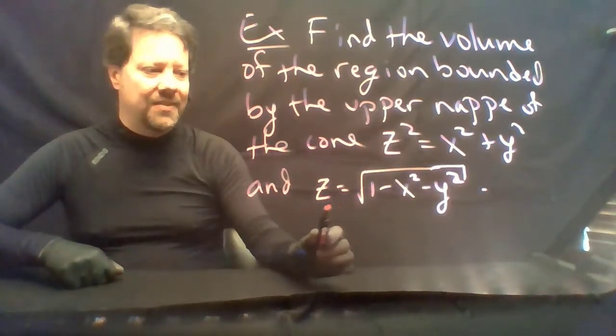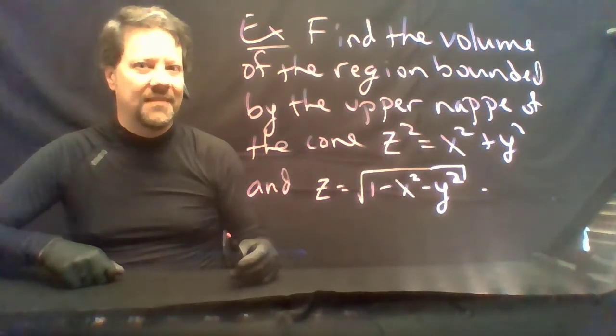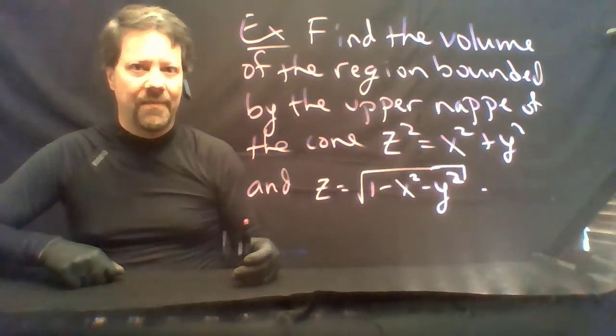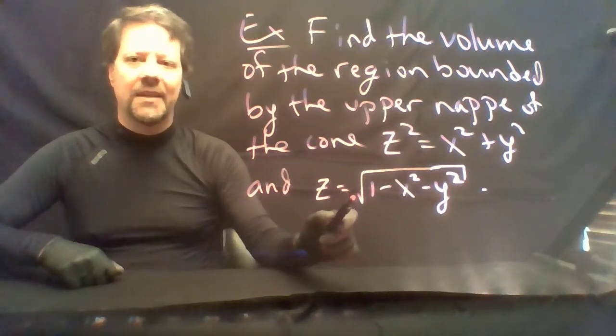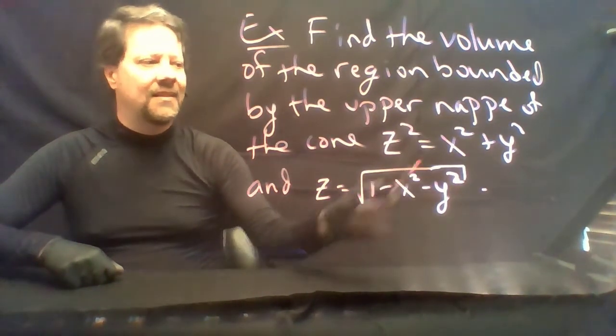This surface, z equals the square root of 1 minus x squared minus y squared, is a hemisphere. It's only the upper part because of the principal square root, but it will have radius 1.